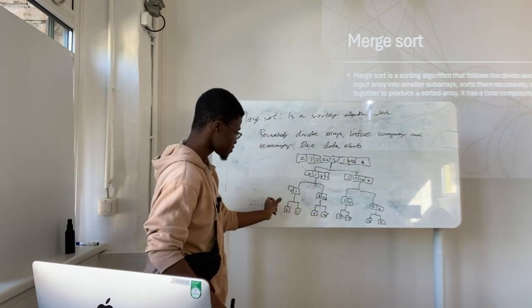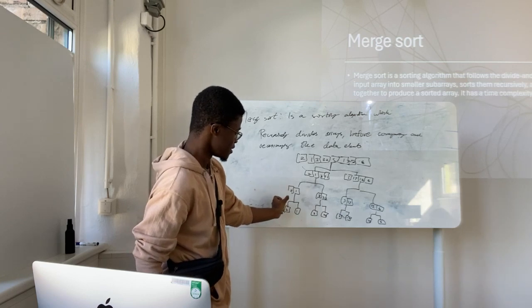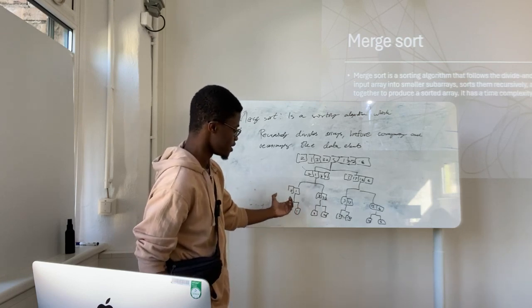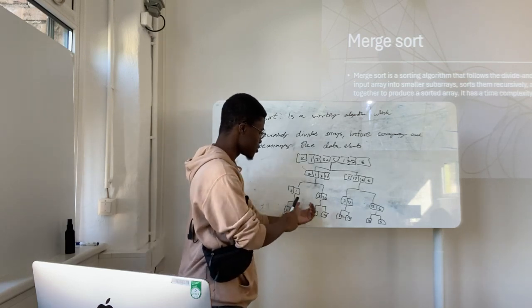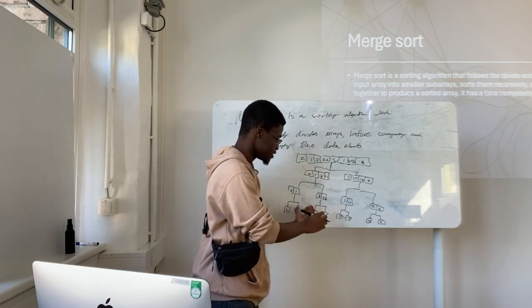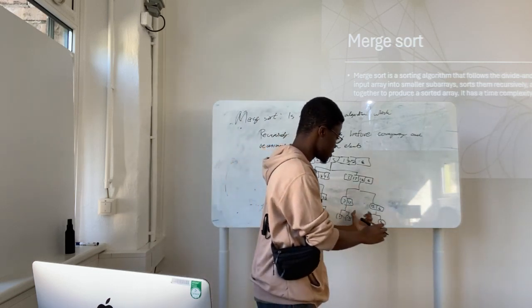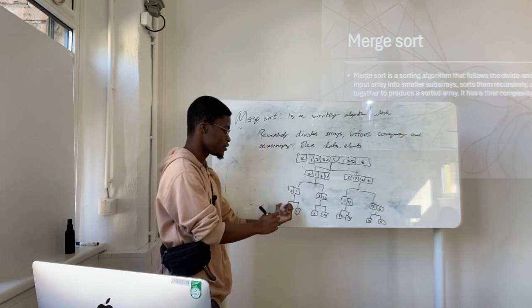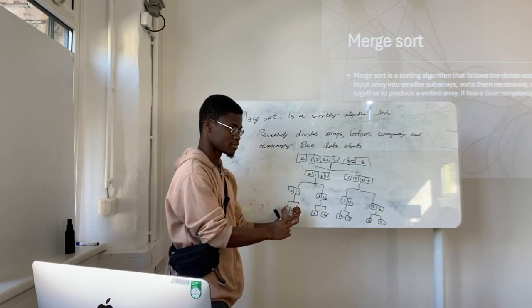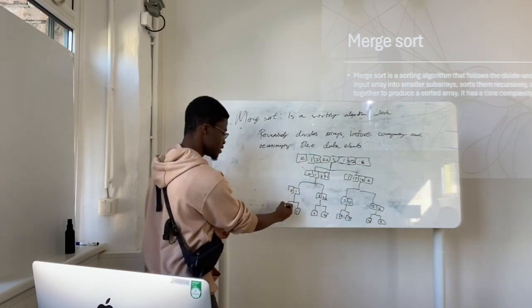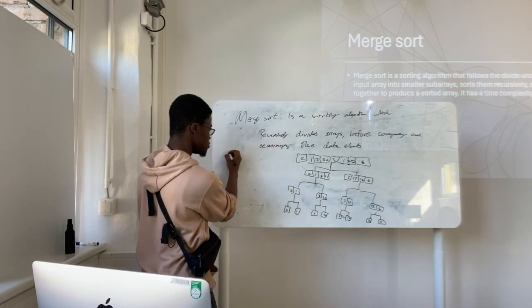And now it has its work cut out for it, because first it's going to look in each pair of arrays it has, and it's going to compare them and order them, right? It's going to look at this pair, for example. So 2 and 1.